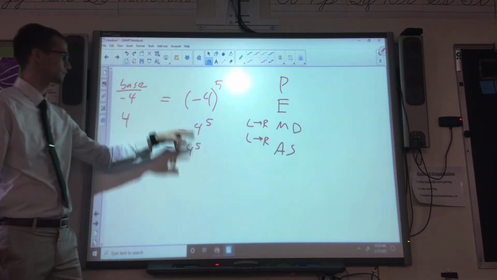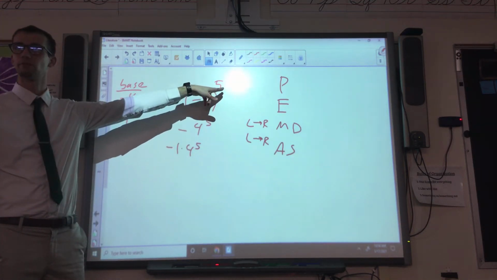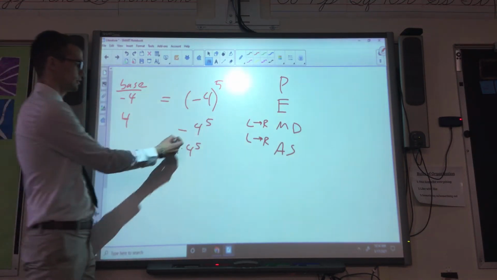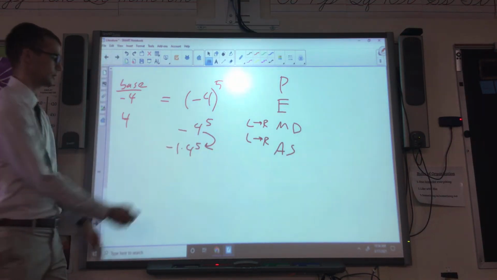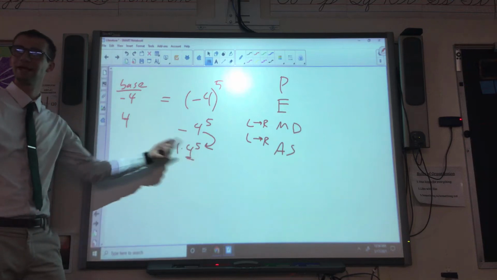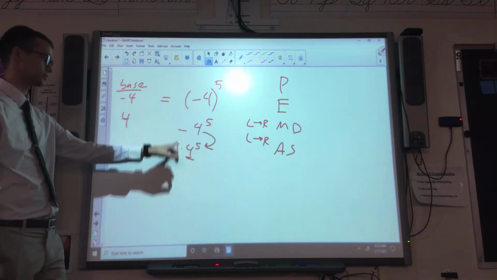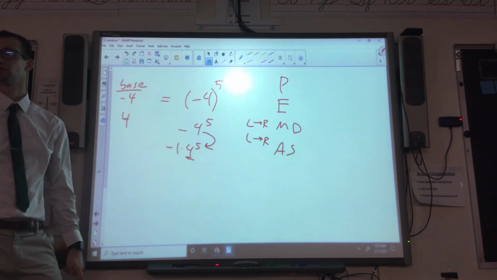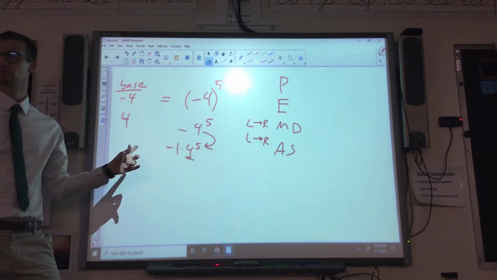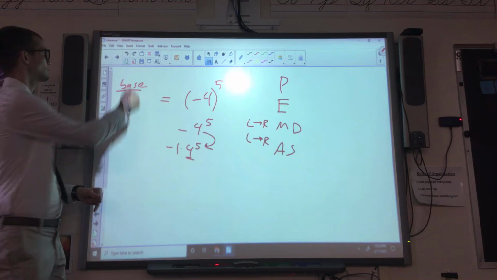Here 4 is the base, not -4, because you have to do the exponents before the multiplication times -1. Make sense?